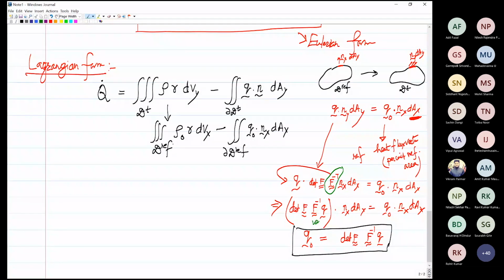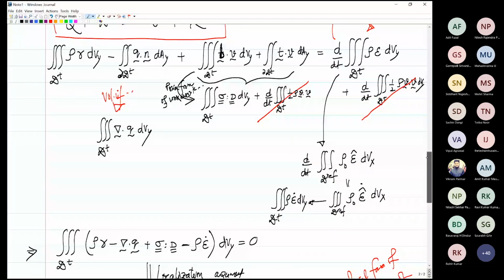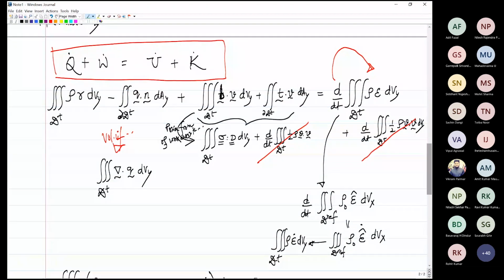Anyway, for W dot, we have already seen the work energy theorem, and what we get here is the integral over d ref of P double contraction F dot, dvx.